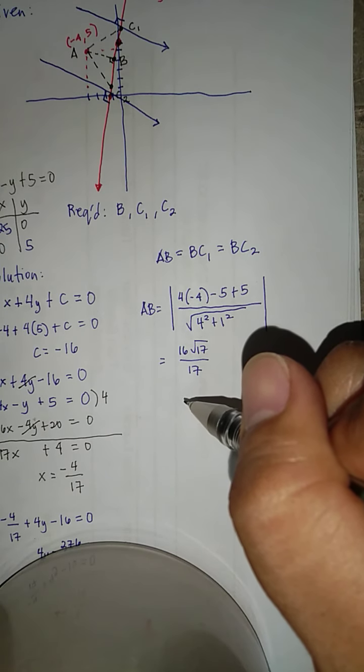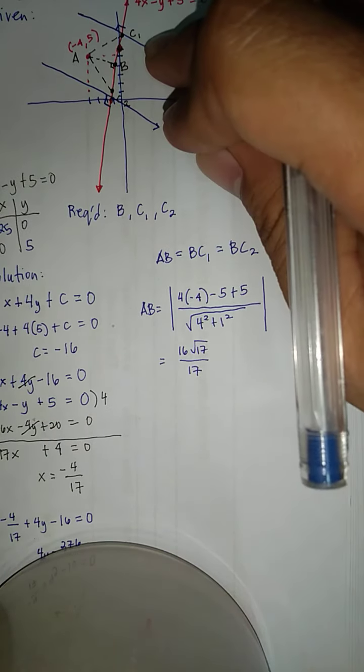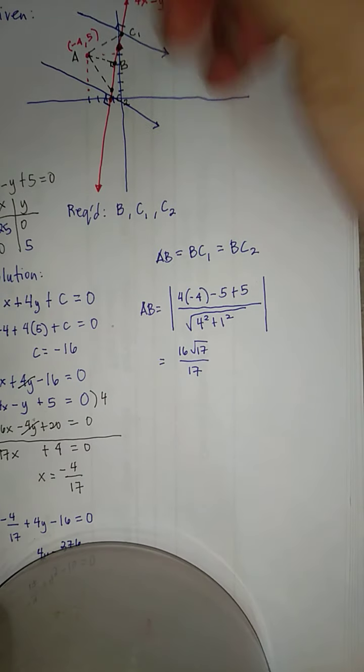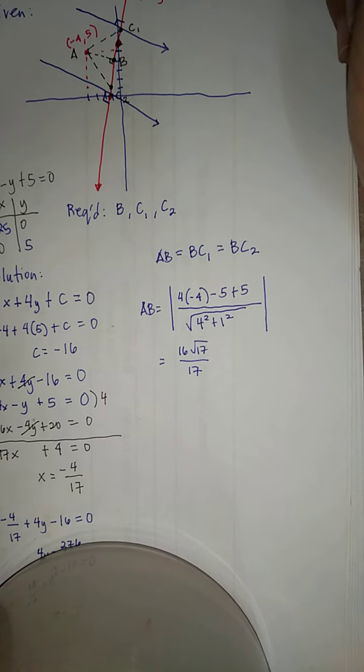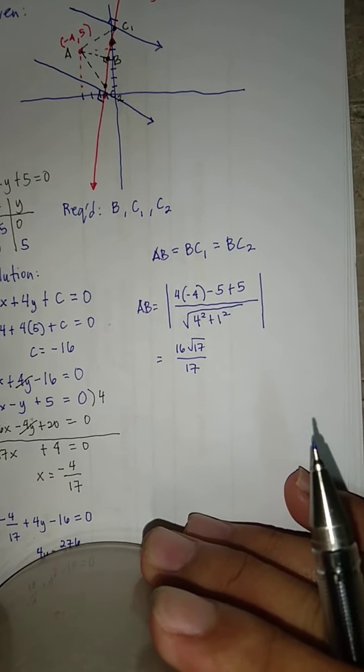Now let's find the distance between this point here, B, to C1.